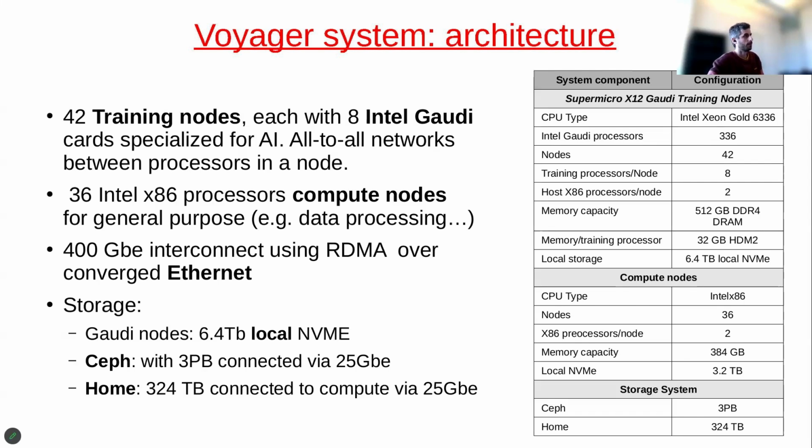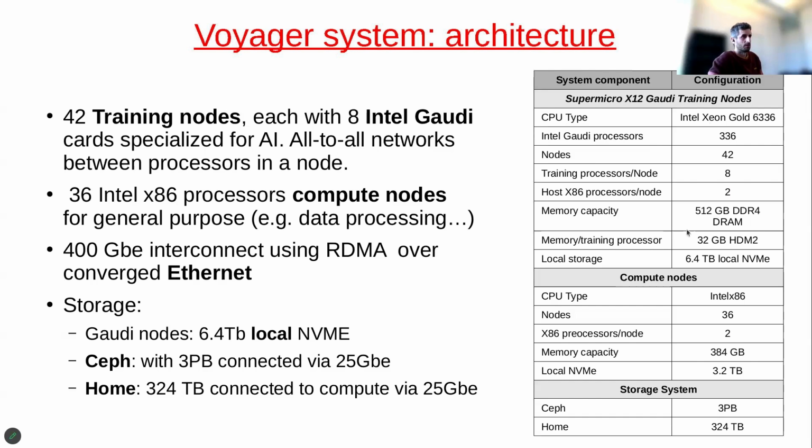The architecture of Voyager, this is just a summary of what we have. We have 42 training nodes. Each of these nodes has 8 Intel Gaudi cards with an all-to-all network communication between these processors.